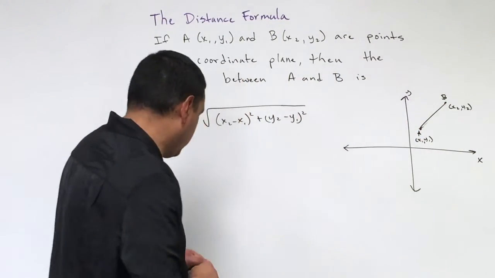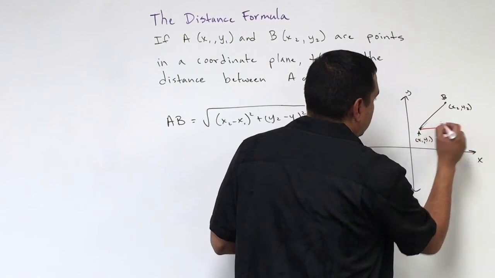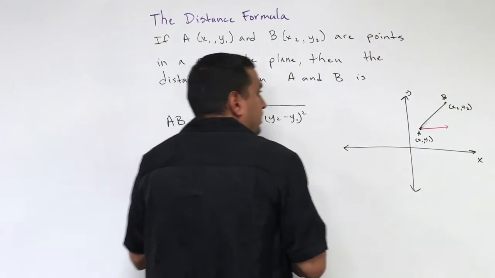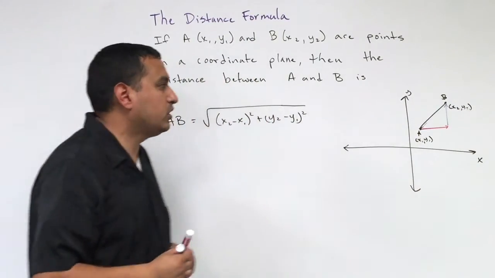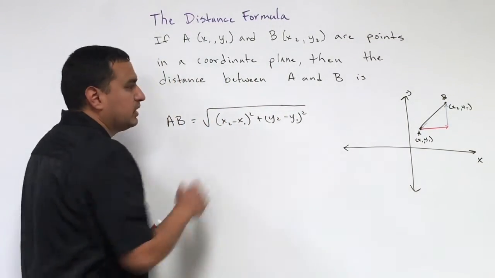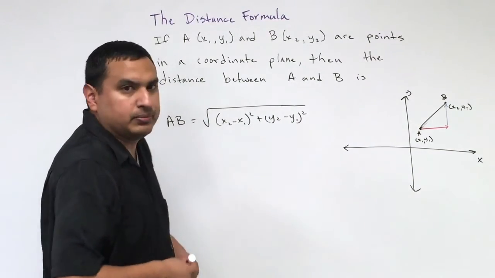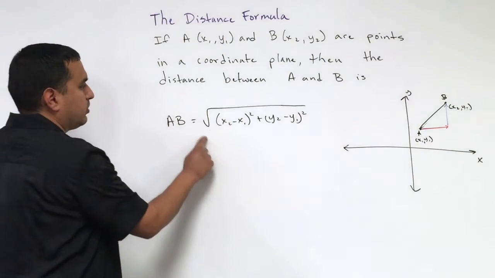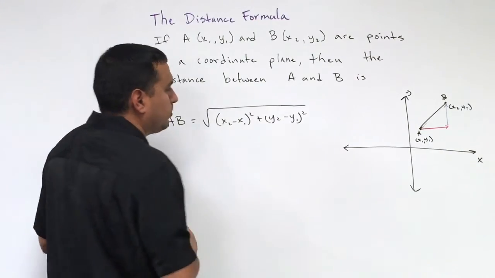On the coordinate grid, I can go across this way and measure that length horizontally, and then I can come up from there, counting those units. And so I have a right triangle. The way they discovered this is we use the Pythagorean theorem to come up with this formula. The distance from A to B ends up being the square root of x2 minus x1 squared plus y2 minus y1 squared.